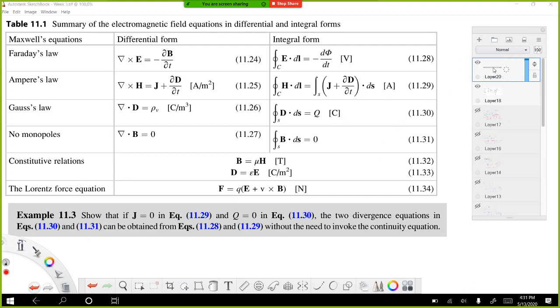So, show that if j equals 0 in equation 1129 and q equals 0 in equation 1130, the two divergence equations 1130 and 1131 can be obtained from equations 1128 and 1129 without the need to invoke the continuity equation.